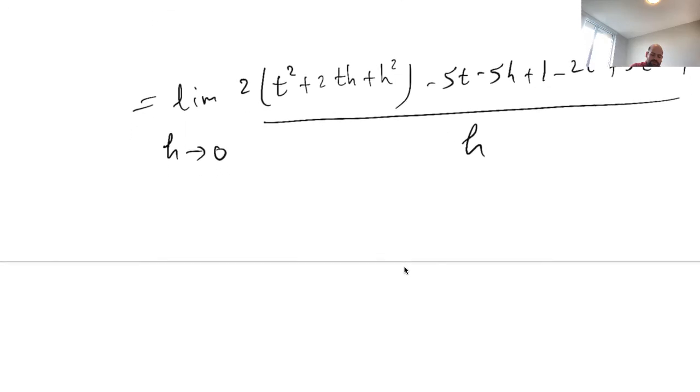And then what will be the answer here? So this will be the limit, so 2t squared and minus 2t squared, they cancel.